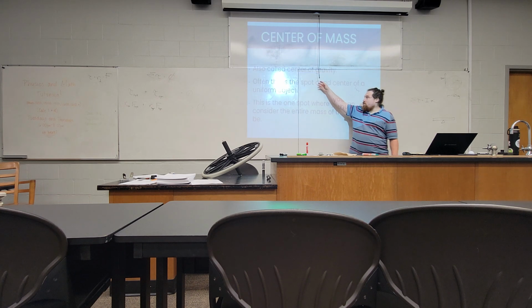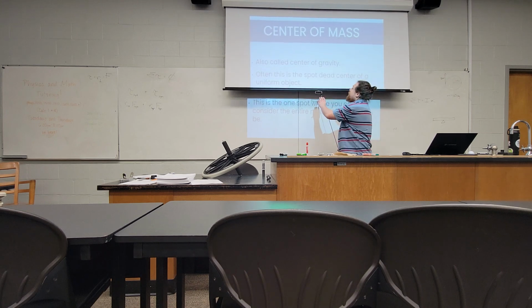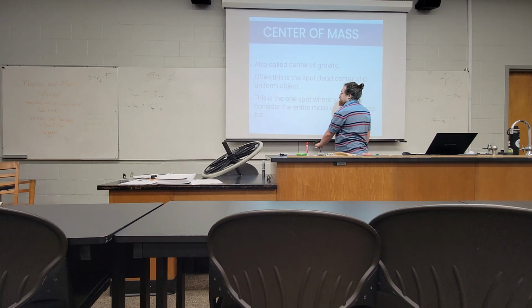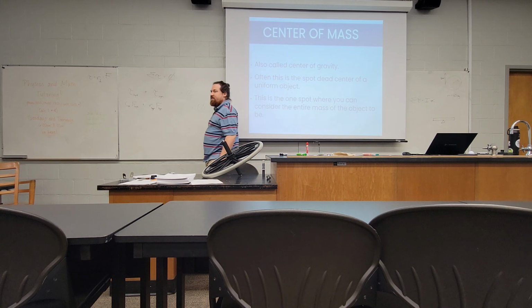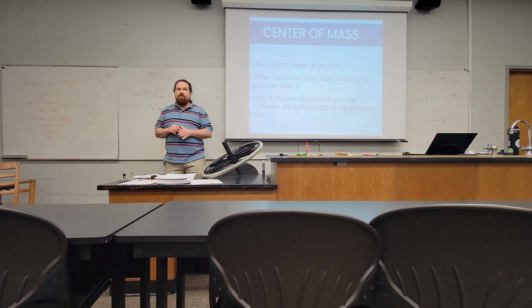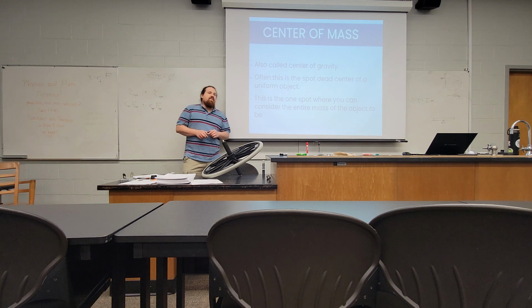So, new vocab word. Center of mass, alternatively titled center of gravity, I might use these terms interchangeably, can be considered the single spot where the entire mass of the object rests.